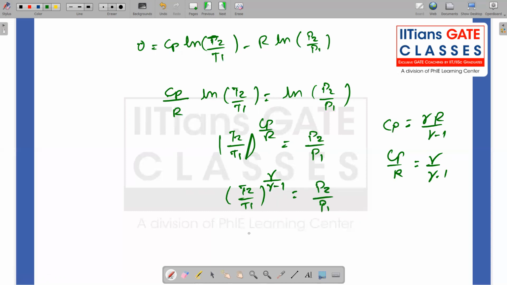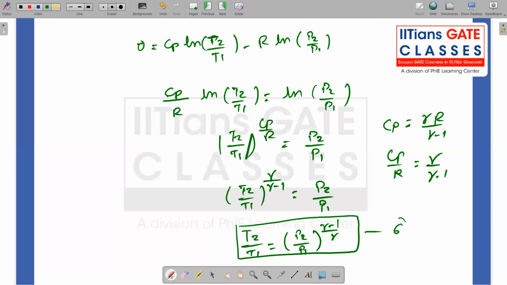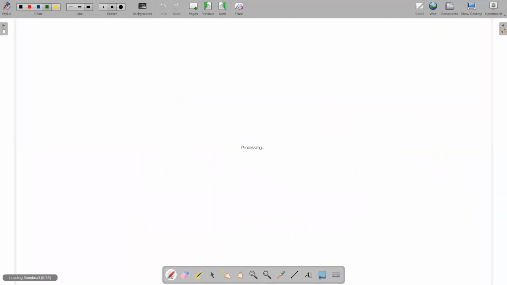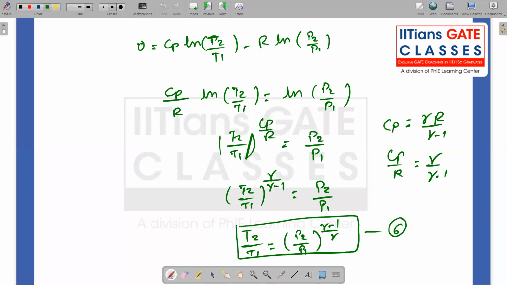Or else, if I want to write in terms of T2 by T1, just like in the other case, T2 by T1 is equal to P2 by P1 to the power of gamma minus 1 by gamma. I will call this equation 6. So now there are two equations, 5 and 6, that relate T2 by T1: one in terms of specific volume ratio, the other in terms of pressure ratio.